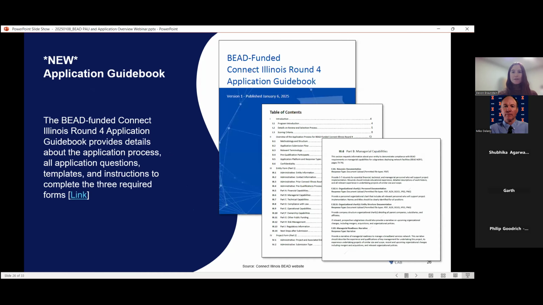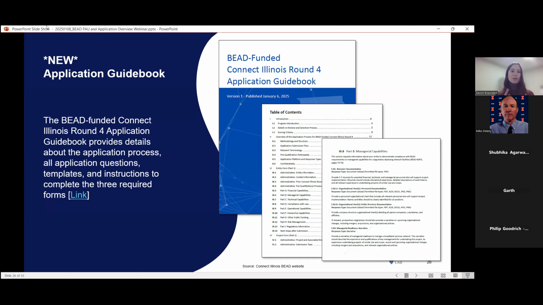Okay, so just a few updates on what is available now with regard to the application. On Monday, we published an application guidebook, which you can consider, maybe I'll take a step back. The Notice of Funding Opportunity, or NOFO, that was published earlier in the late fall is the most consolidated formal program rules. It's the formal state opportunity to apply for this public funding.